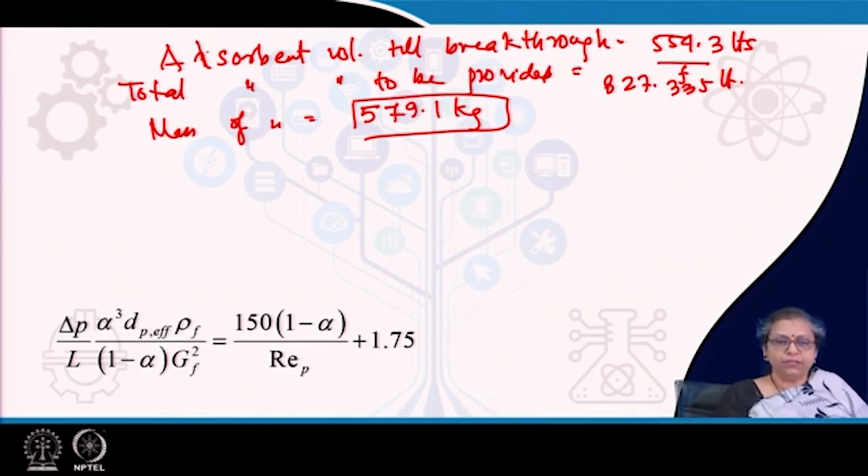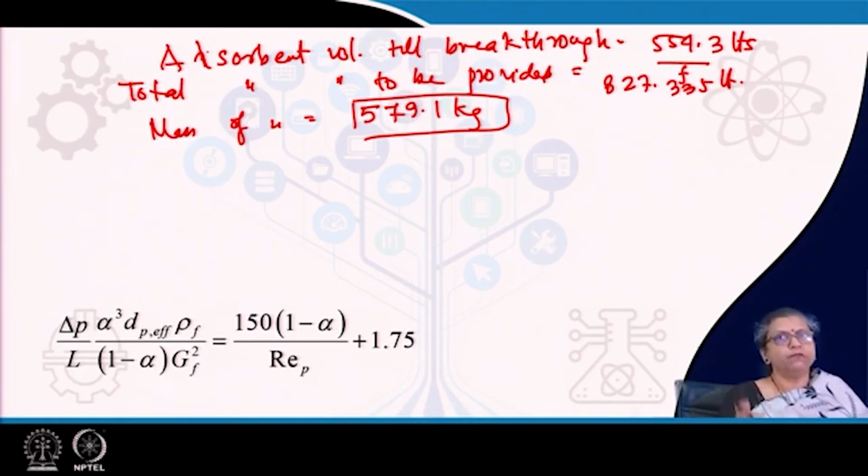So, what we did: we used the breakthrough curve and we found out the F. Once we found out the F, we tried to find out the adsorbate transfer rate in the pilot plant per unit volume of bed utilized, and then we found out the actual adsorbate transfer rate in the plant per liter of bed utilized, right.